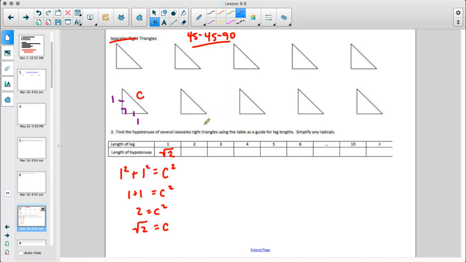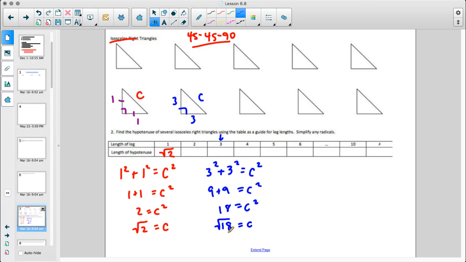And if I do the same thing again, let's go with 3 as our leg. So if we have 3 and 3, what will this be? So I'll use the Pythagorean theorem again. And then the square root of 18 will be c.